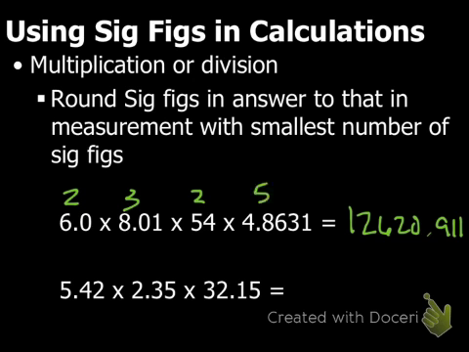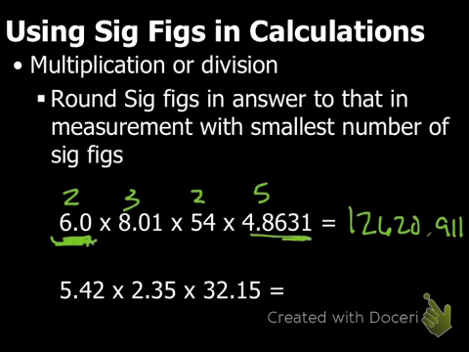So I'm going to round my answer to the lowest number of sig figs. And the reason we do that is because our final answer can't be more precise than our least precise measurement. So if, again, this sig fig stuff is communicating what the particular measurement was taken with. So this one had something that was measured to the tenths place, or the tenths place was estimated.